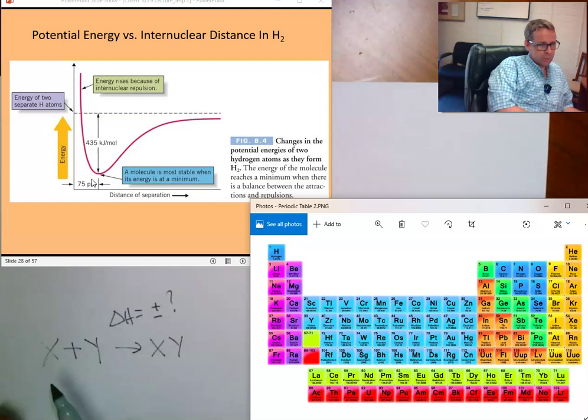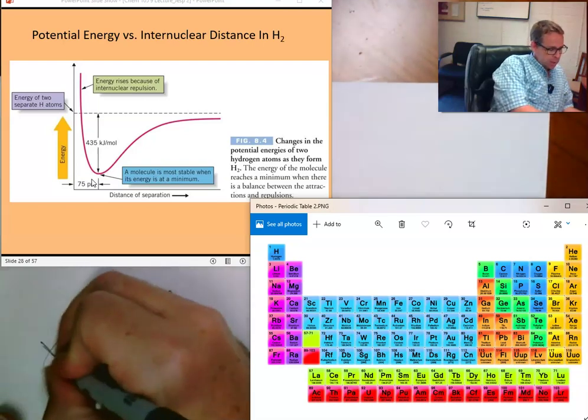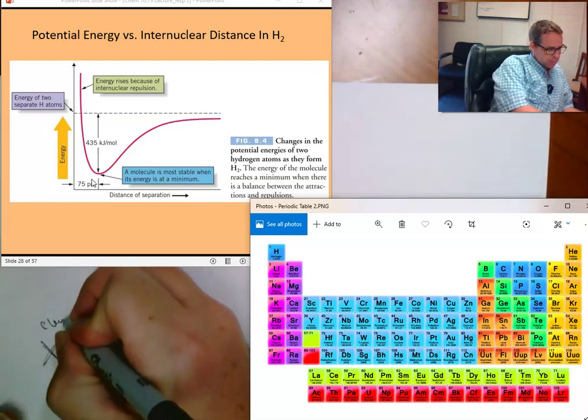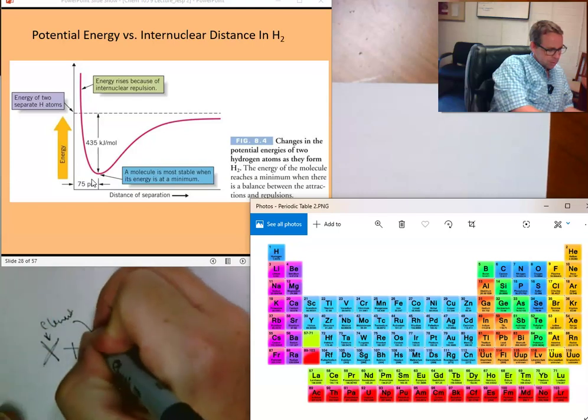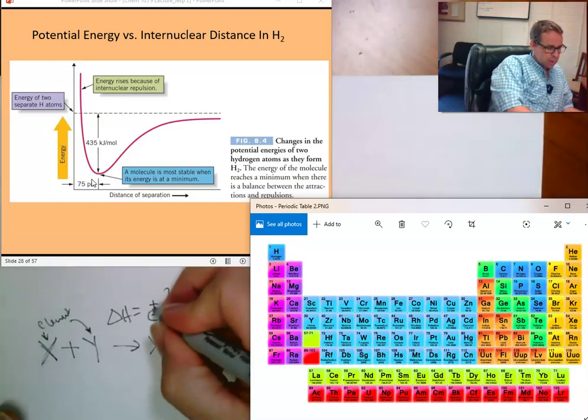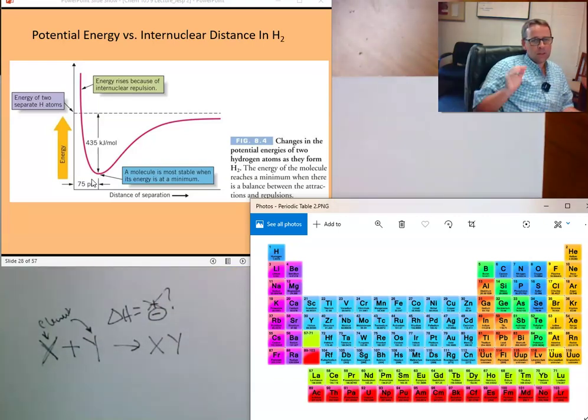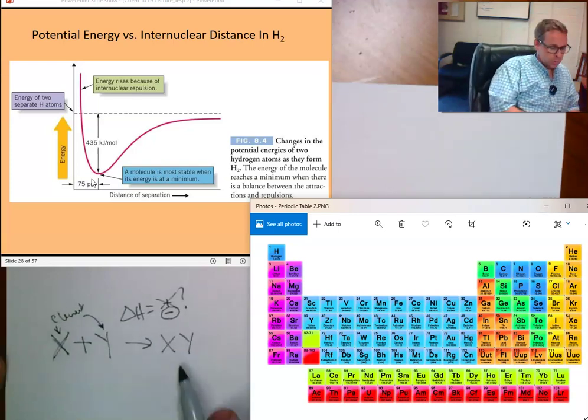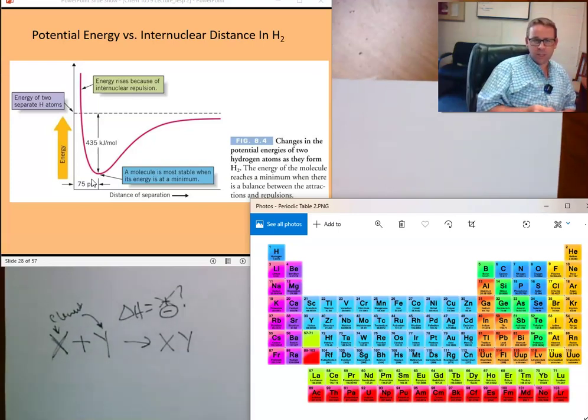Okay. Well, if these are elements, and they've formed a bond, then that process will always release energy, right? The sheer fact that a bond is formed means that the process releases energy. It doesn't matter, if you're forming a bond, you're always releasing energy.